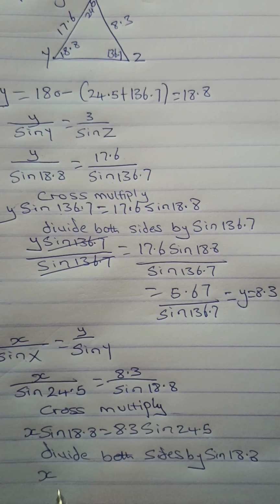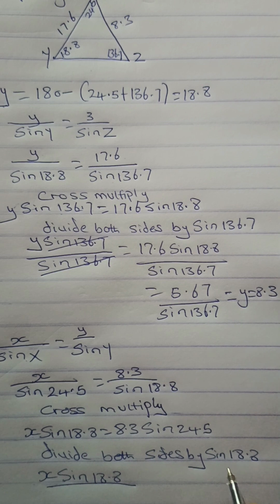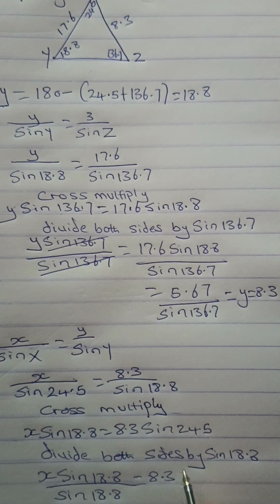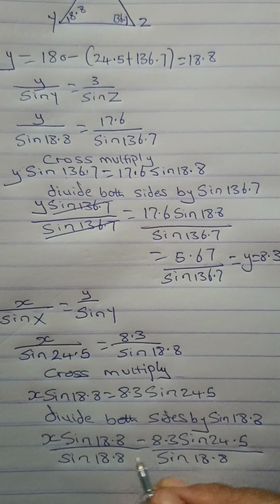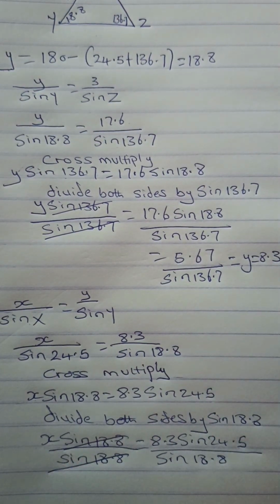So this is it. x sine 18.8 over sine 18.8 equal to 8.3 sine 24.5 divided by sine 18.8. So this cancels this and x is standing alone.